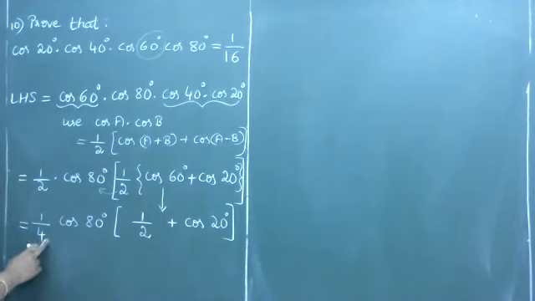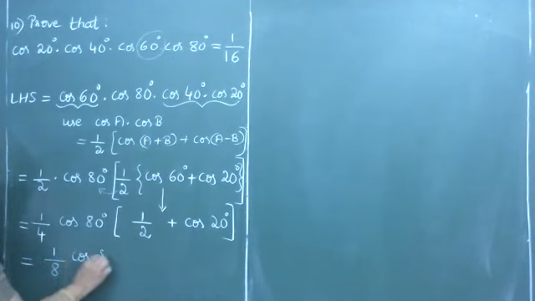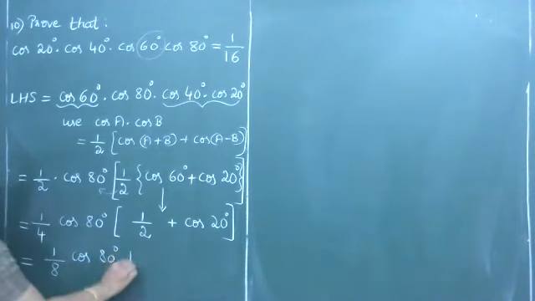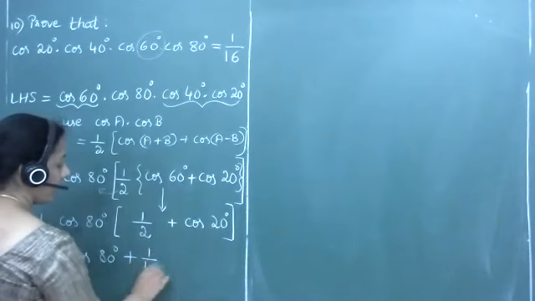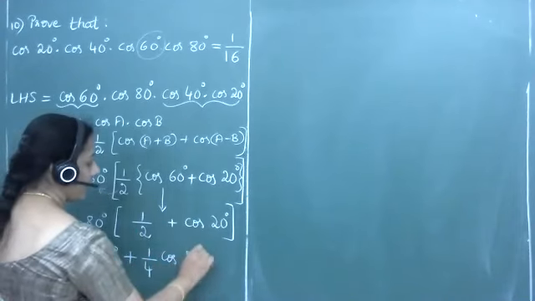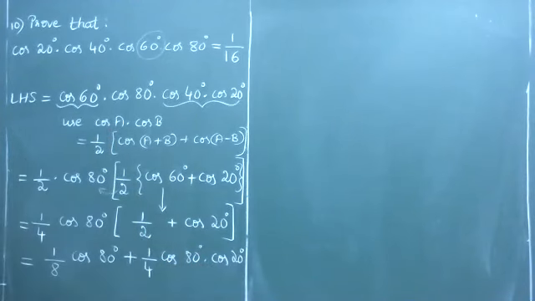Here, in the second expression you are having a sum of two terms. You are multiplying by a single factor. So it is the factor into the first term plus the same factor into the second term. 1 by 4 into cos 80 degrees into 1 by 2 can be taken as 1 by 8 into cos 80 degrees, plus 1 by 4 into cos 80 degrees into cos 20 degrees, retained as it is.